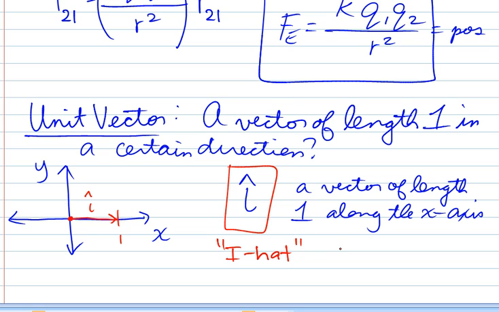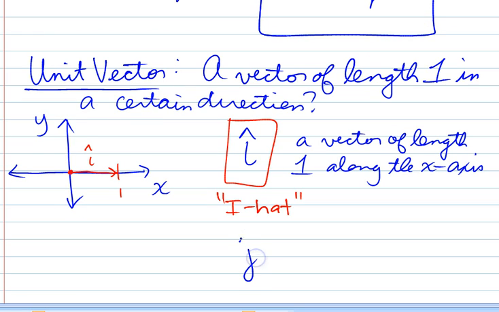Okay, now there's also a unit vector which goes along the y-axis, and we call this one j hat, which is a unit vector of length 1 that goes along the y-axis. And so what that would look like is something like so. There's j hat. Okay, let me move my label. There's i hat and j hat.